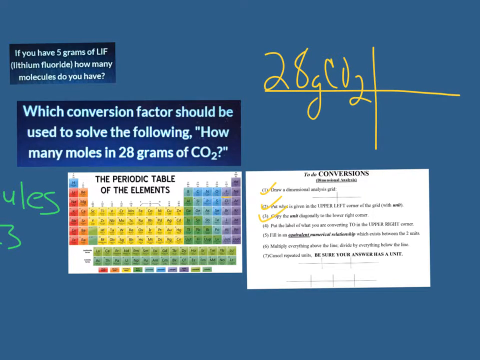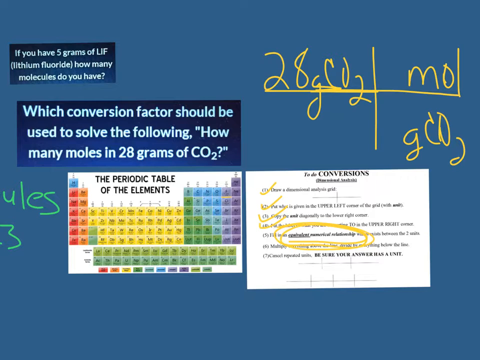So the next thing I should do is have grams of CO2 copied diagonally. And then what I'm converting to, now I do know a way to find a relationship between grams and moles. That's my periodic table. So I can do that. Then I need to go find that equivalent numerical relationship. That's my conversion factor right here.